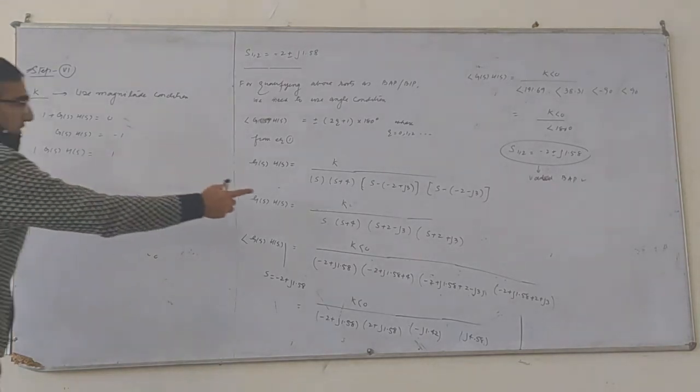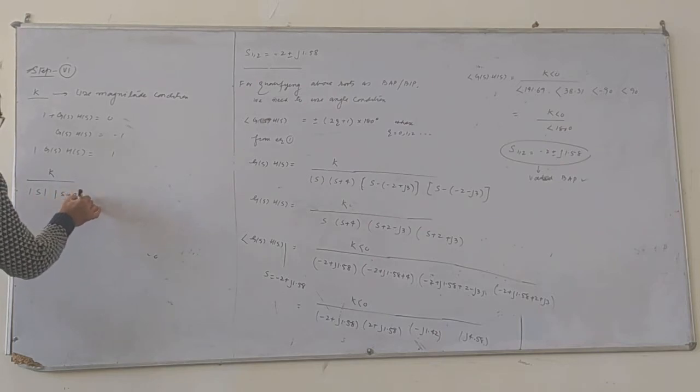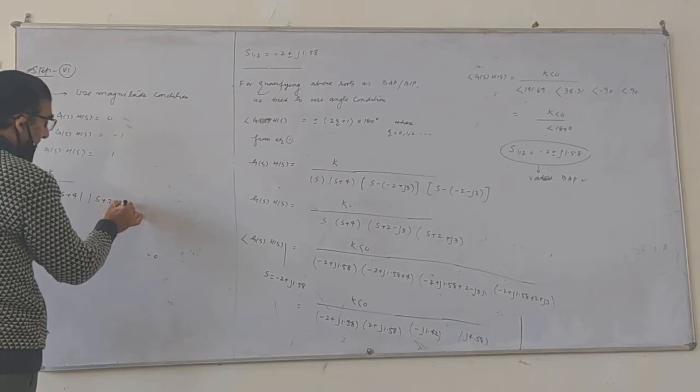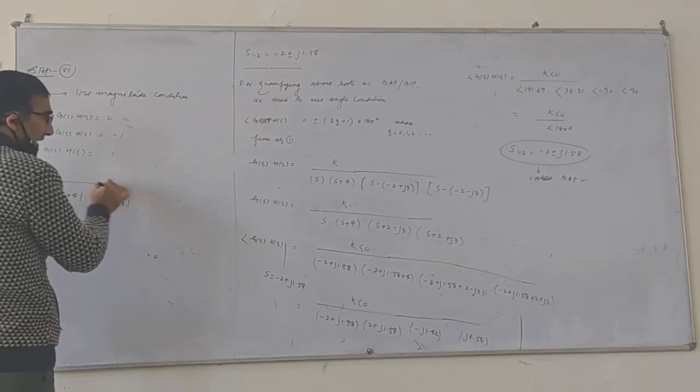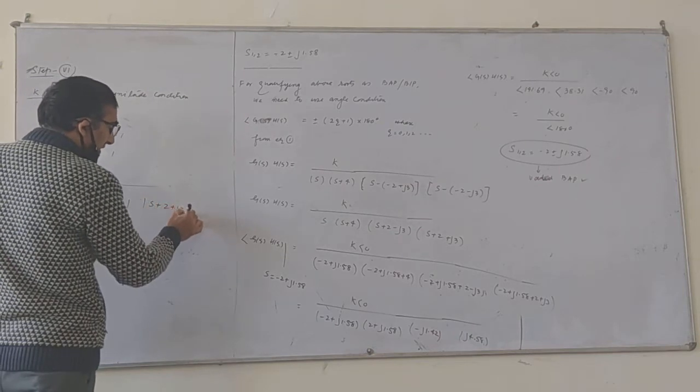We'll take the magnitude of this one: K divided by magnitude of S plus 4, magnitude of S plus 2 minus j3, magnitude of S plus 2 plus j3.